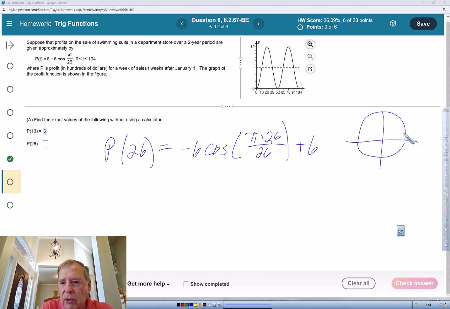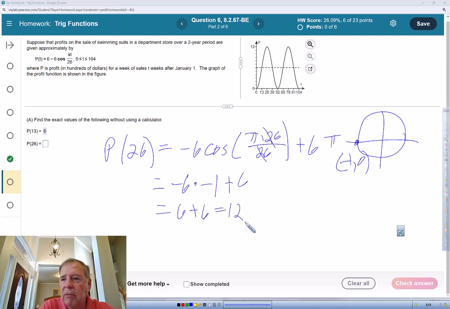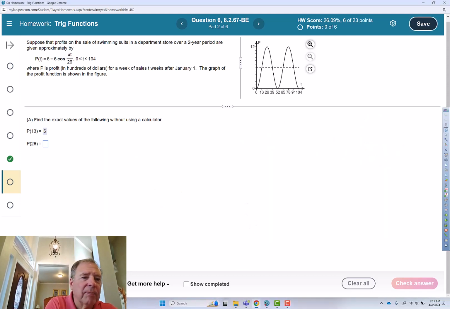Looking at the unit circle at pi, this is negative 1, 0. So cosine of pi is negative 1, so we get negative 6 times negative 1 plus 6, or 6 plus 6 equals 12. Go put that in.